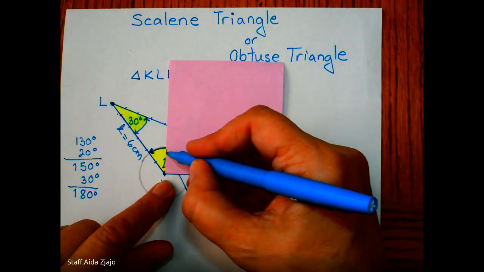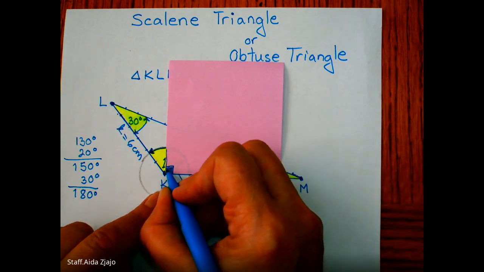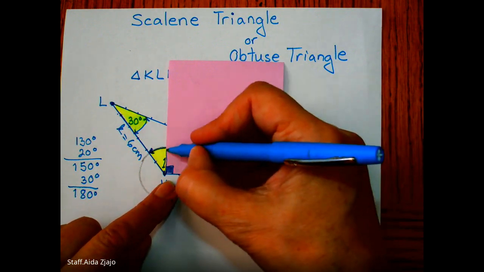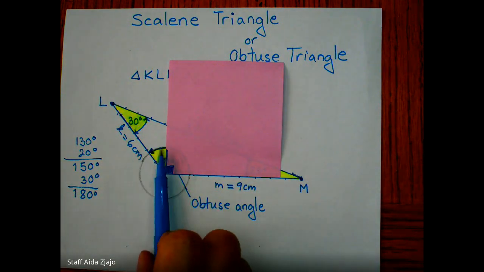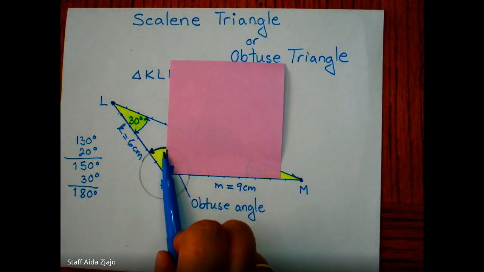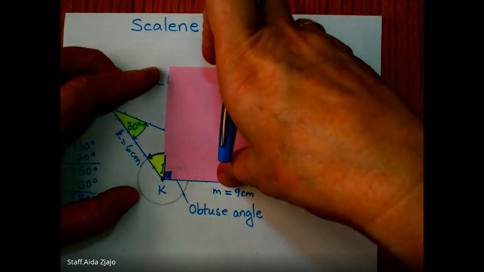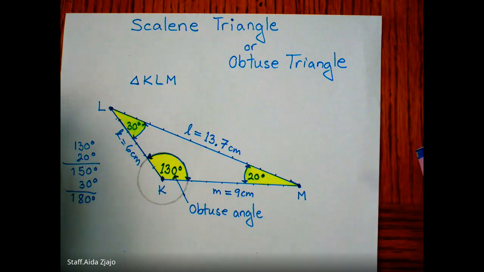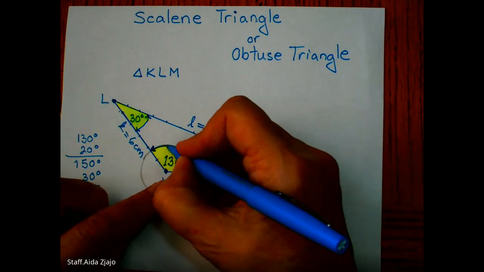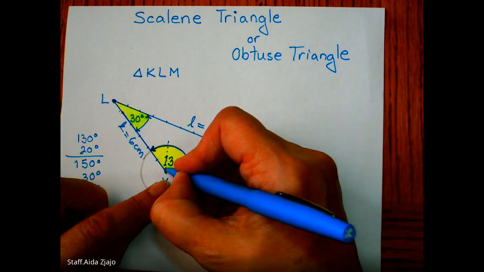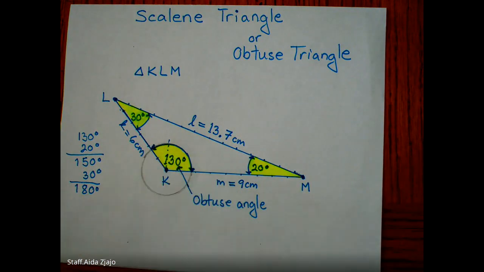The line would go straight up from K, but this angle is much more than 90 degrees, by 40, so that is really a 130 obtuse angle. Another way is to draw dashes, and you can see that this part is 90 degrees, but then the rest is a bit greater.